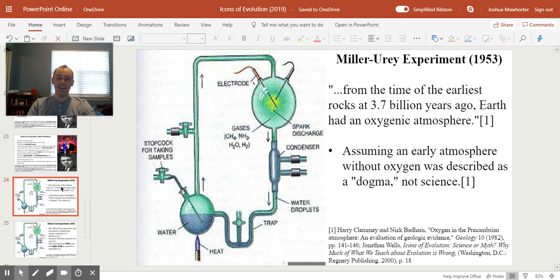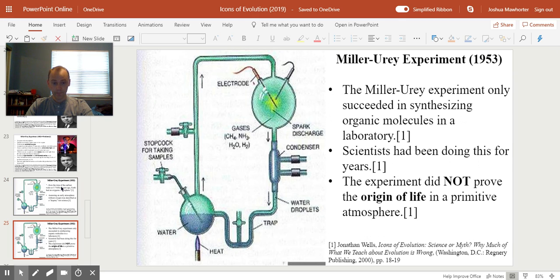So assuming an early atmosphere without oxygen, they described it, I didn't use this word, but these scientists did, as a dogma, not a science. Now, a dogma is something that you believe because you're supposed to believe it, rather than something where you're looking at the evidence and you don't have any particular bias one way or the other.